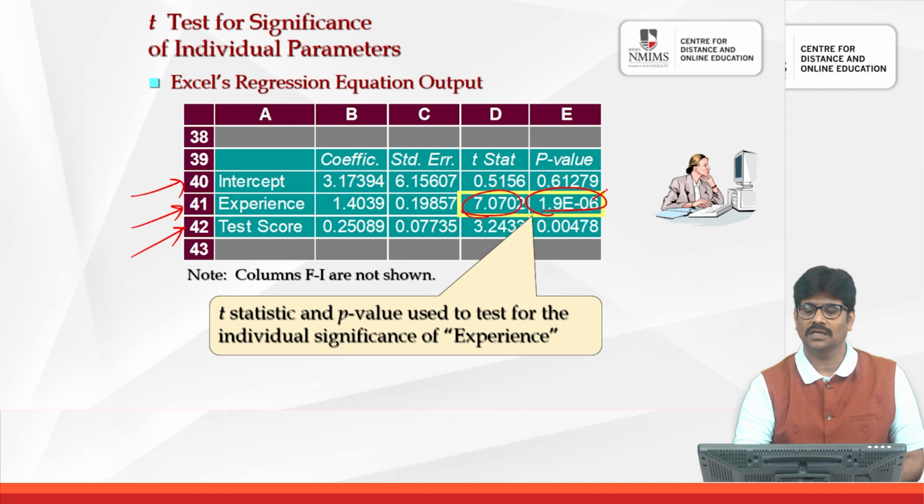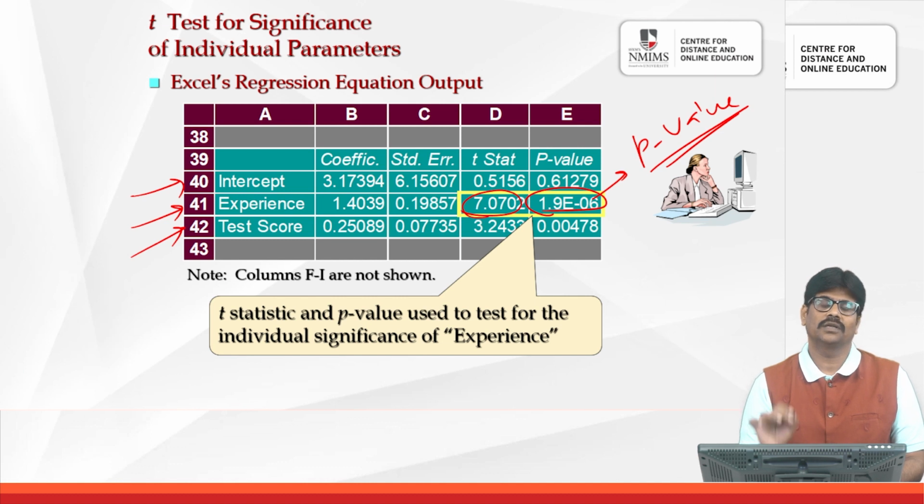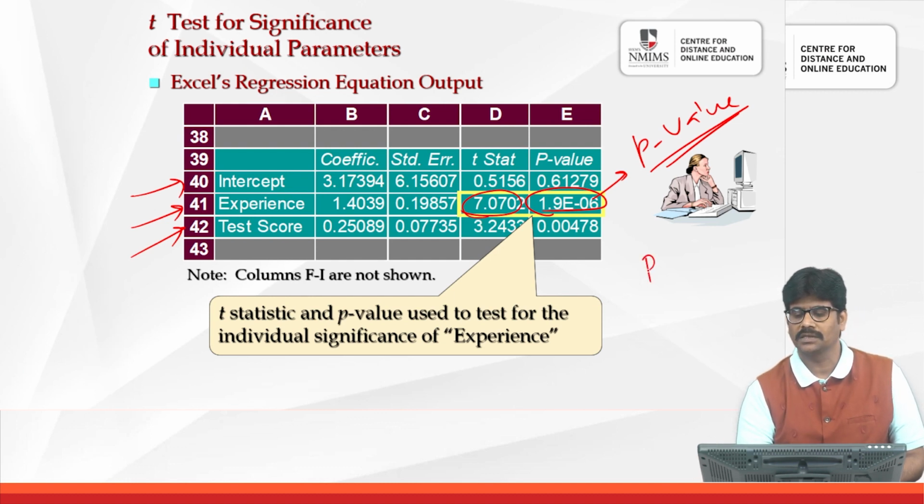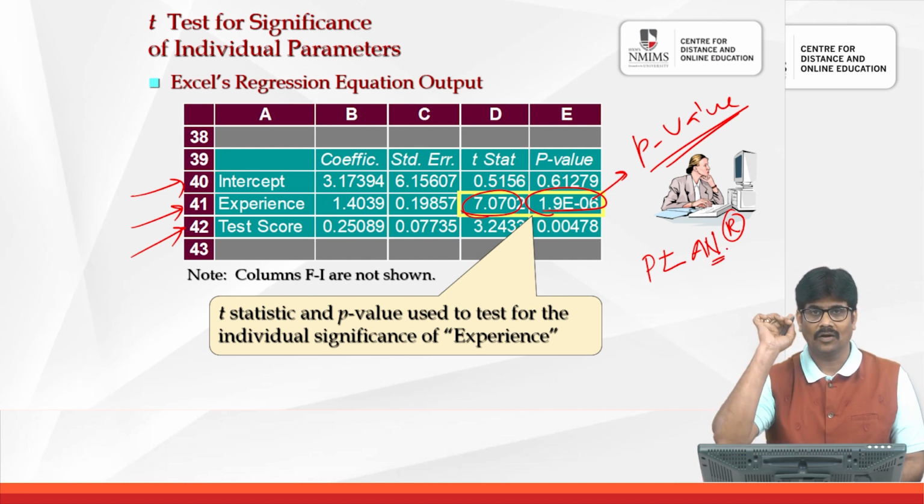Essentially, stay with the p value for all practical purposes. Going for the critical value approach is for understanding purposes, but for all practical purposes, whatever you need to remember is: p value less than or equal to alpha value, what do you do? You reject. What do you reject? You reject the null hypothesis. So, plan R, always remember that.